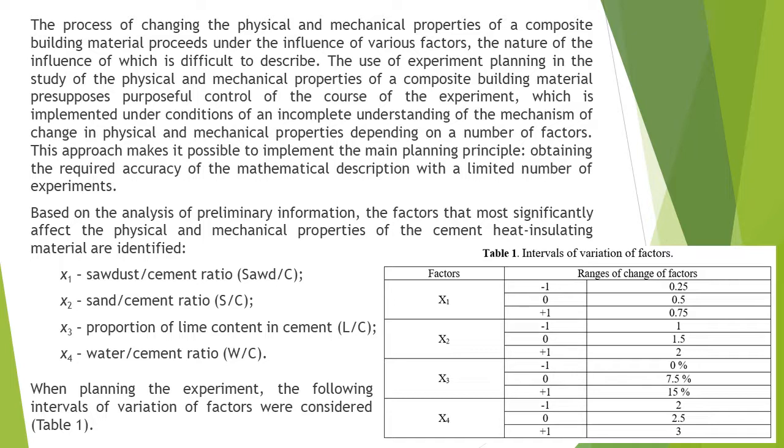The process of changing the physical and mechanical properties of a composite building material proceeds under the influence of various factors, the nature of the influence of which is difficult to describe.